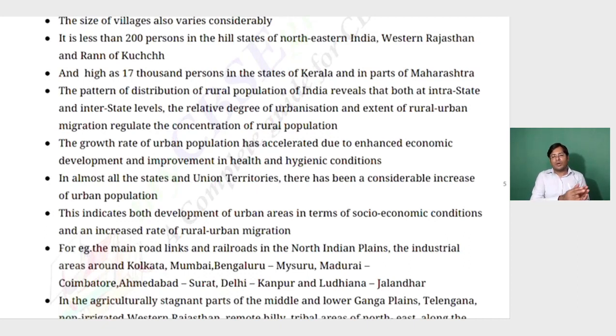क्योंकि जब लोग गांवों से शहरों की तरफ क्यों जाते हैं? Because they get the good chance of education, they get good economic opportunities and economic development, and there are also good facilities of health and hygiene. That's why the population of urban is increasing and the population of the rural areas is decreasing.